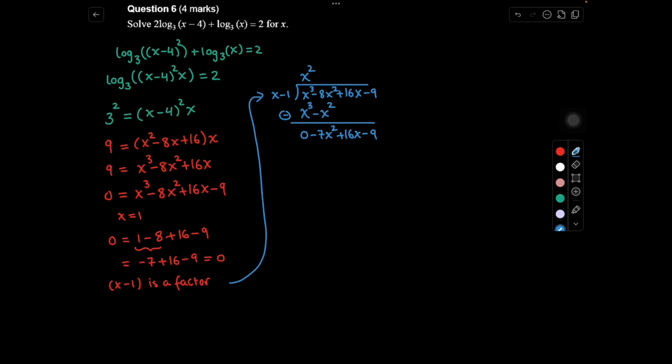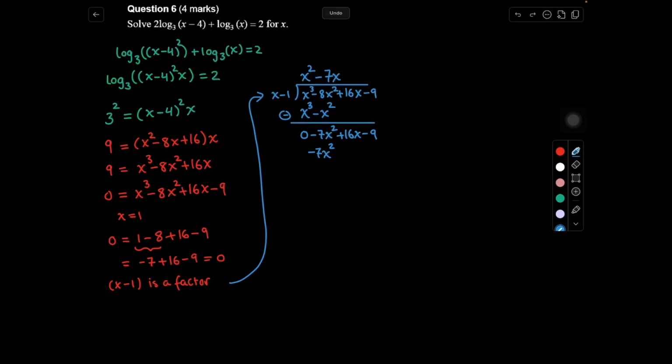Then we repeat. So negative 7x squared divided by this is going to be negative 7x. And then you multiply that through. So this times this, that gives us negative 7x squared.